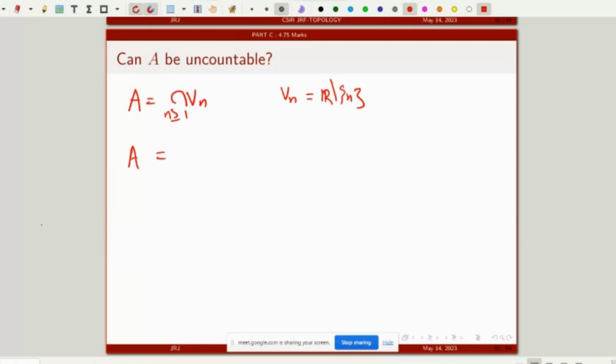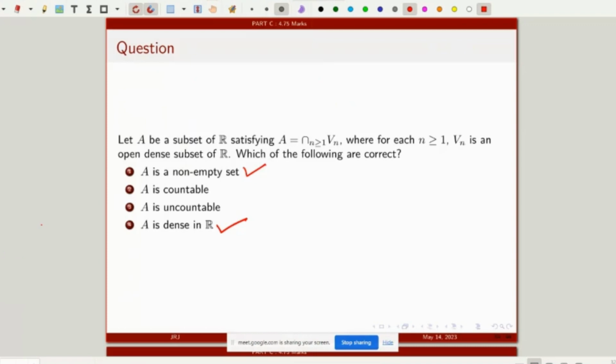You can delete rationals one by one. Here I am deleting natural numbers one by one. So then what will be the intersection of Vn? R minus N, actually. So will it be countable or uncountable? Uncountable. So this A can be uncountable.